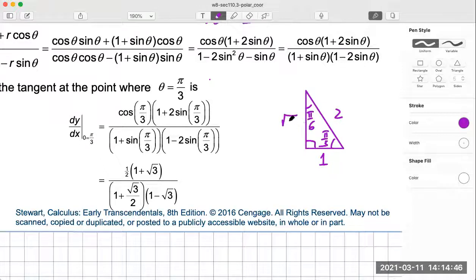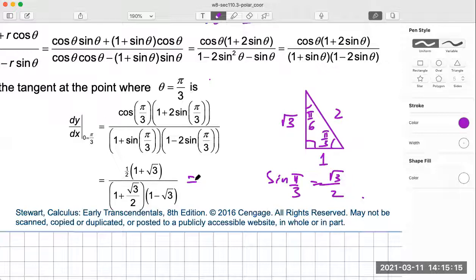The length of this should be square root of 3. Then sine of pi over 3 will be? Yes, square root of 3 over 2. Okay? So we just substitute the values here and simplify it. It will be this. You can simplify further.